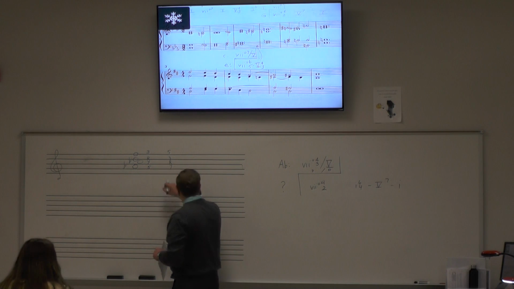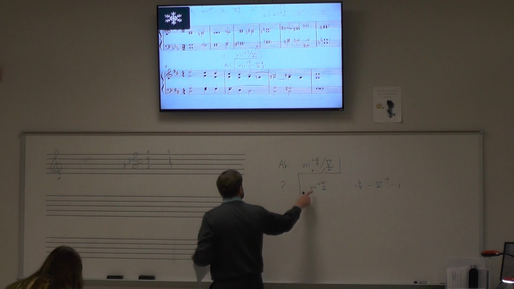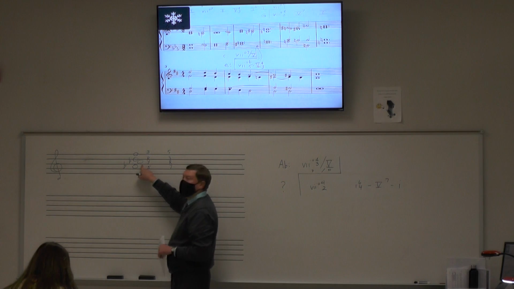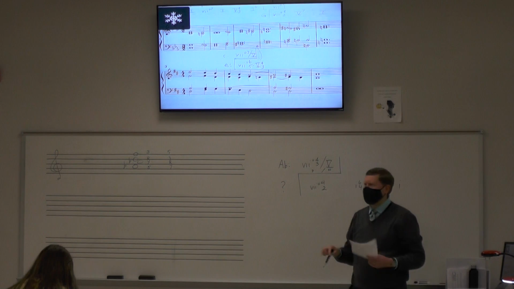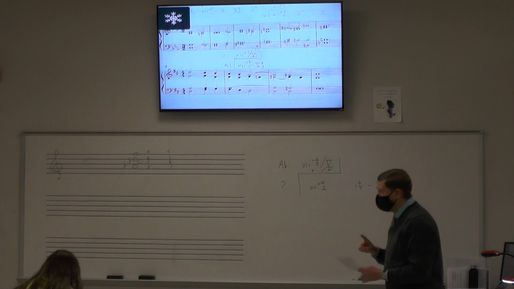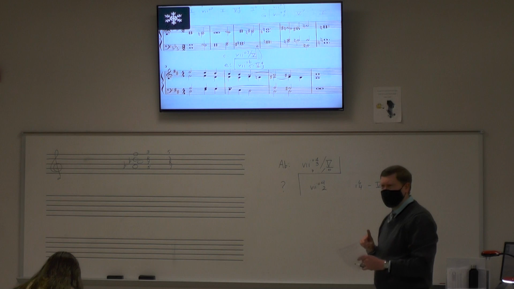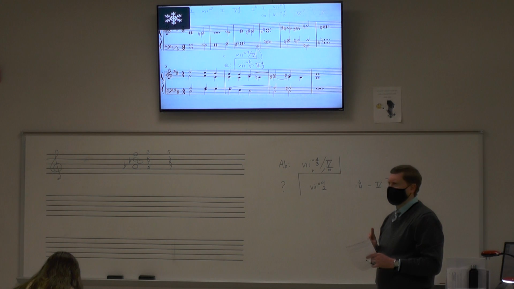Now, that means the root of this chord is C flat. Okay, let's think about this. C flat is tonic in what key? C minor. Well, you're on the right track, but technically wouldn't it be tonic in D double flat?